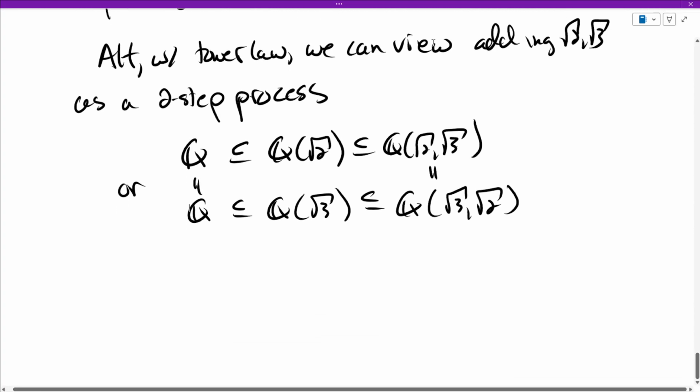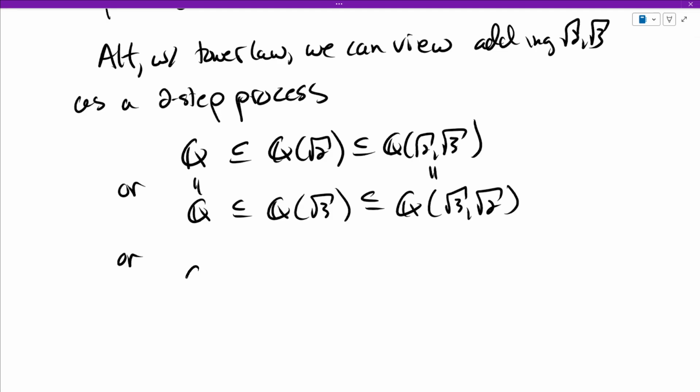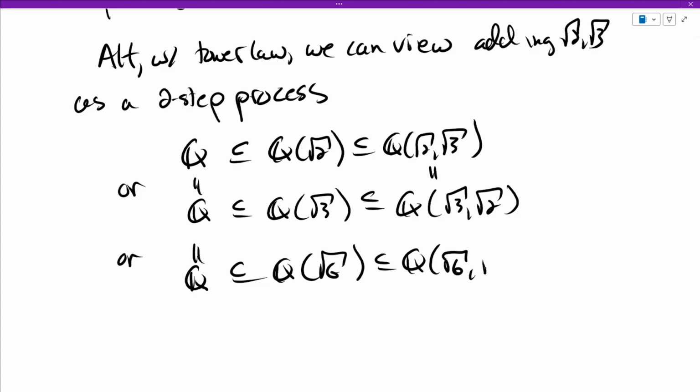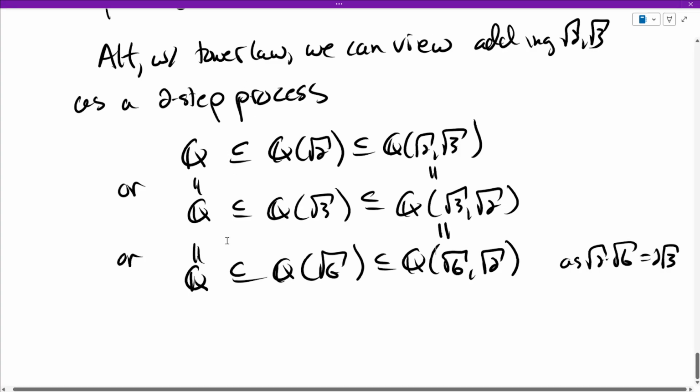Or we can actually do something else. We can add in root 6 and then add in root 2 or root 3. It doesn't matter because root 2 times root 6 is 2 root 3. So if I add in root 2, I get root 3 from this. And so these are also equal as well. So we can pick any one of these.